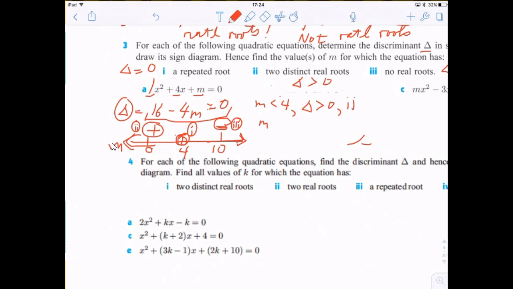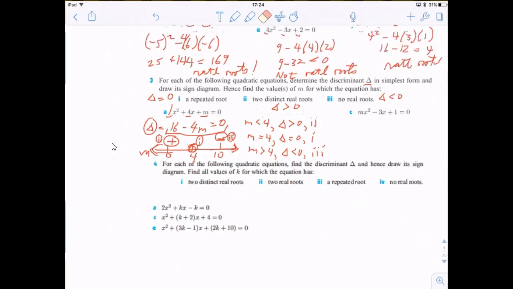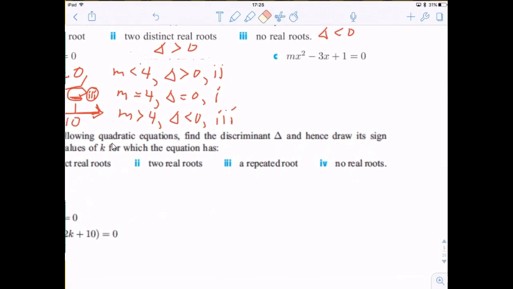And if m is equal to 4, then delta is equal to 0, and it would be case 1. And finally, if m is greater than 4, then delta is less than 0, and that would be case 3. Okay, then maybe I would write it out all like that if I wanted to. I just wrote it very compactly in this number line. Okay, and if you just do that, that's fine too.